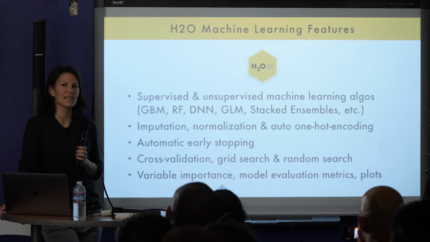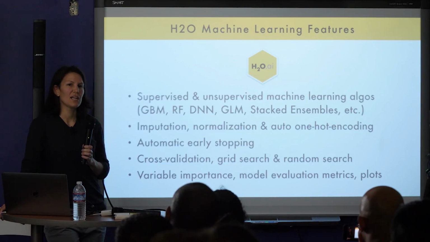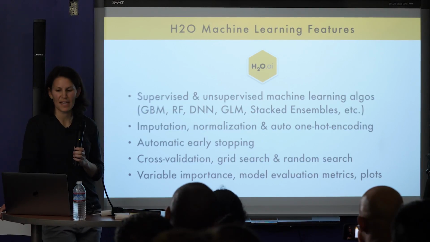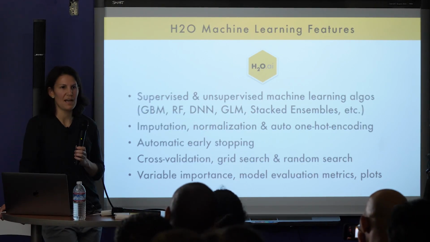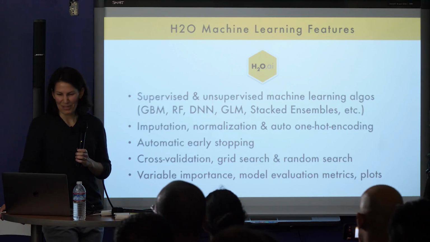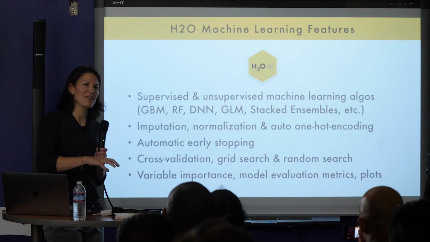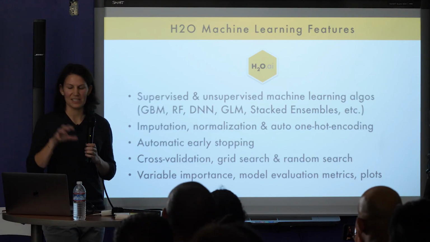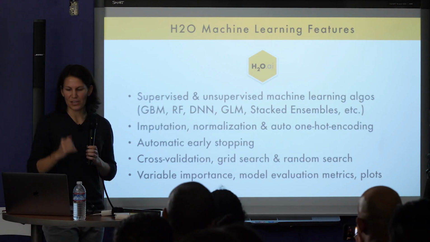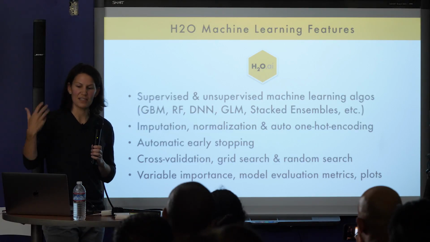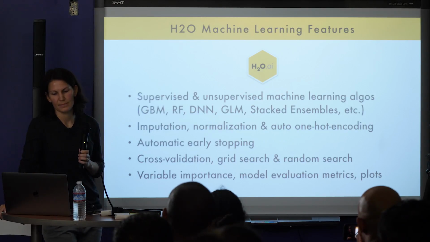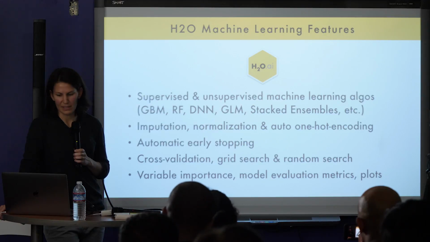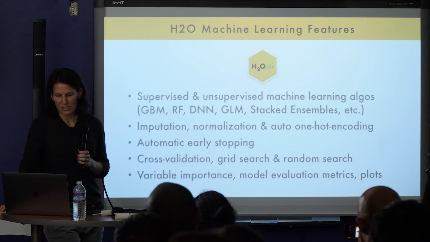So if you have categorical data, you have to encode that somehow so that a machine learning algorithm can understand it. This is all the boring stuff of data science, and we do all of that automatically, so you don't have to think about these things. I can tell you that once you've been using H2O for a while and you go back to another library, the first thing I notice is, oh my God, I'm writing all this code to do stuff that you have to do every single time, and it takes away some of the fun. So we try to do that automatically.